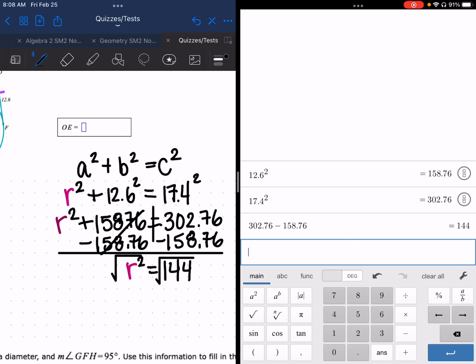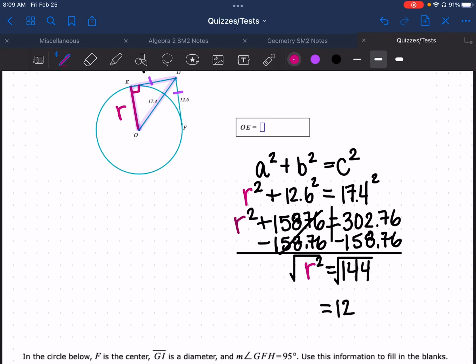I'm going to put the square root of 144 in my calculator, and it is 12. All right, let me get that calculator off to the side so that I can get my R. And there we go. Since R is OE, 12 is what I am putting inside my answer blank.